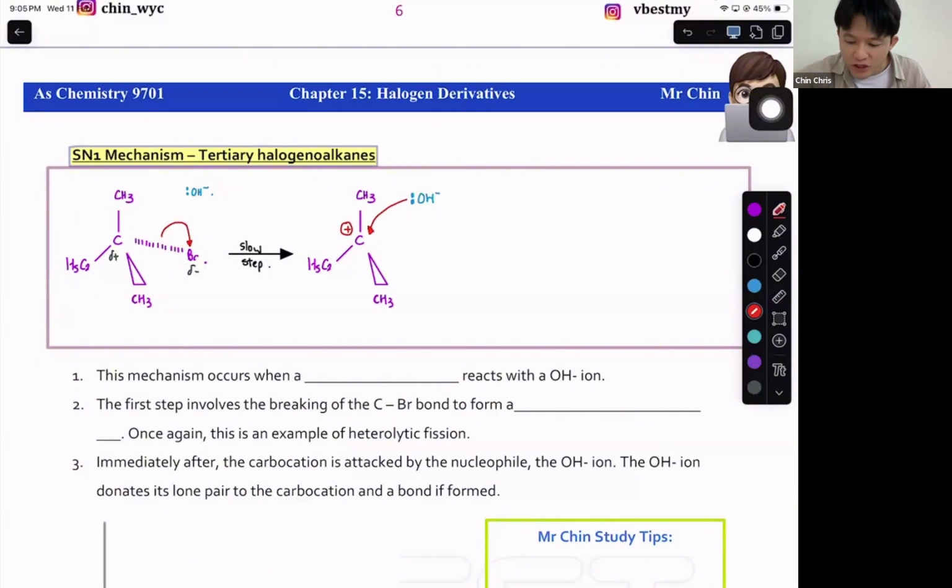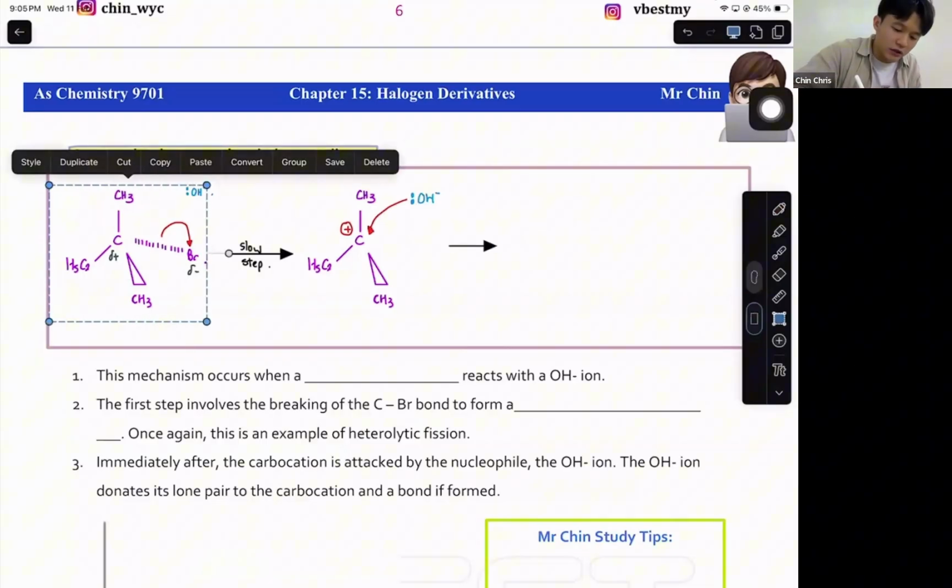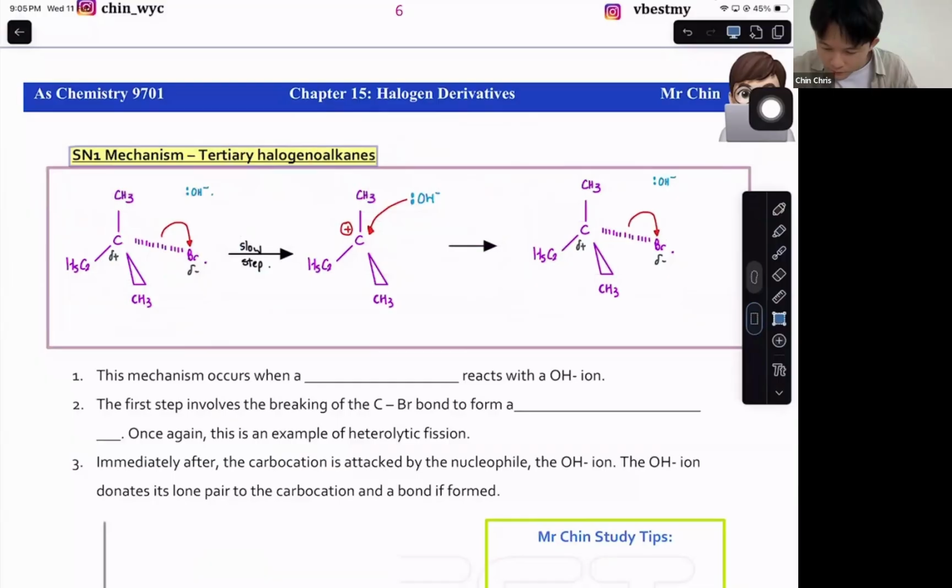So your OH is gonna attack the C, and eventually it's gonna turn into this thing. OH is here, and I have a Br minus. That's it.